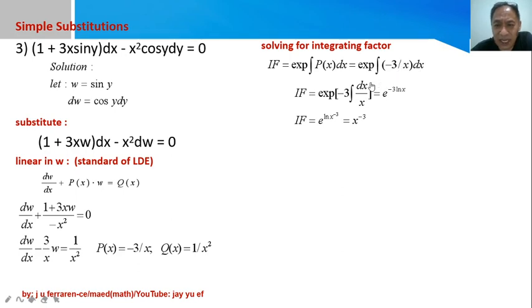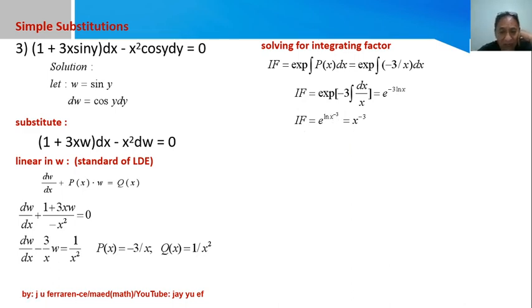By formula, this will take the form of du over u, or dx over x, with minus 3 outside, before the integral sign, and that is the exponential of minus 3 ln x. To simplify, because there's e and there's ln, I have to express that as a power of x. e to the ln x is equal to this expression, which is x to the power of minus 3.